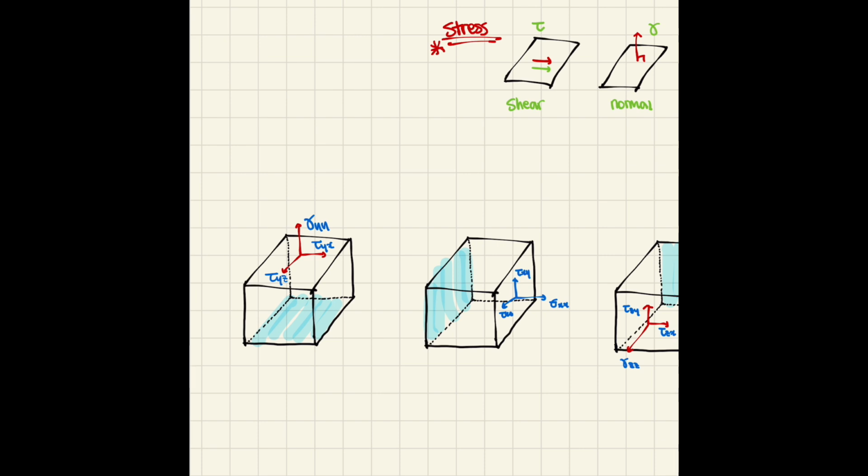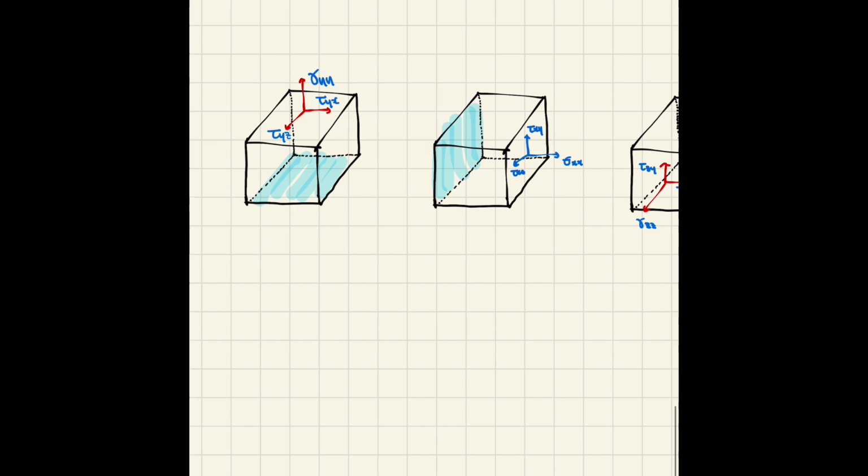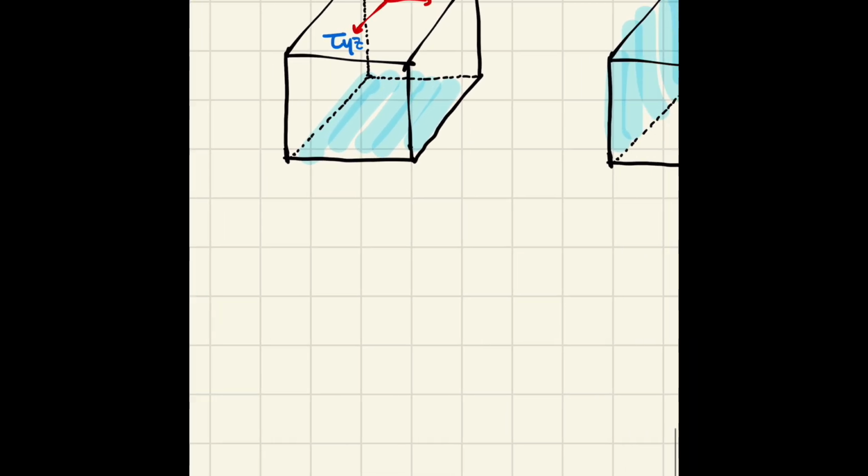So rewriting those, and this part is, by the way, the hardest part, so just skim it. Let's first start with the x plane. I think it's most appropriate. So we need to write the stresses in 3 directions.